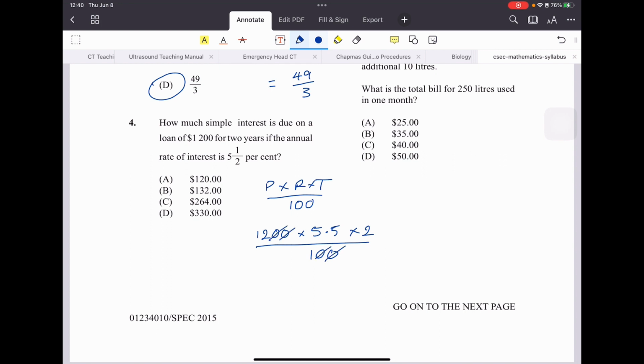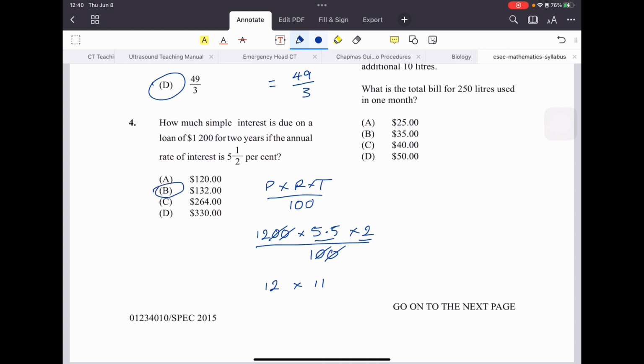And instead of going to multiply 12 by 5.5, I don't really like decimal points. I want to get rid of decimal points. So 5.5 by 2, I know that is 11. Okay, because 5 by 2 is 10, and then 0.5 by 2 is 0.5 plus 0.5, which is 1, right? So 5.5 by 2 is 11. So I'm left now with 12 multiplied by 11, and I could work this out, and I will get 132.